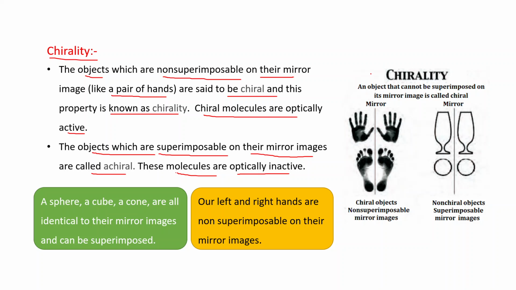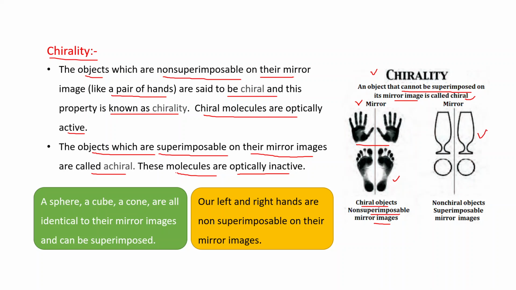You can see this diagram. An object that cannot be superimposed on its mirror image is called chiral. Like our hands, they are related to each other as non-superimposable mirror images. Like our feet, these are chiral objects, non-superimposable mirror images.